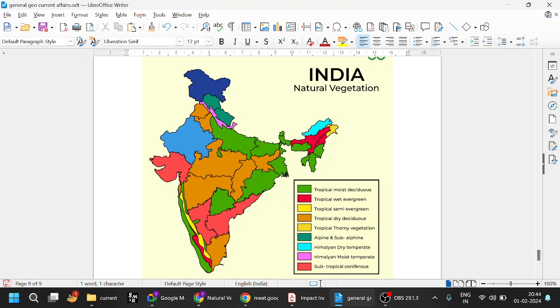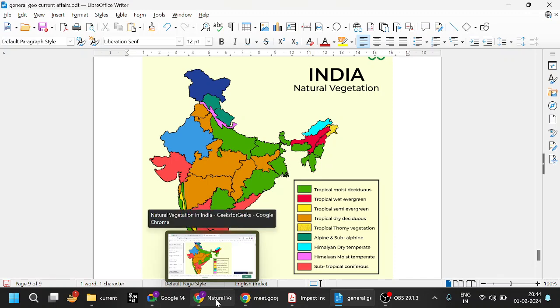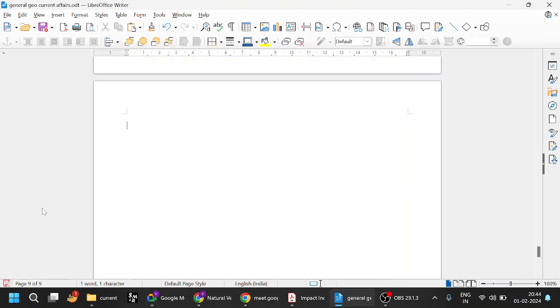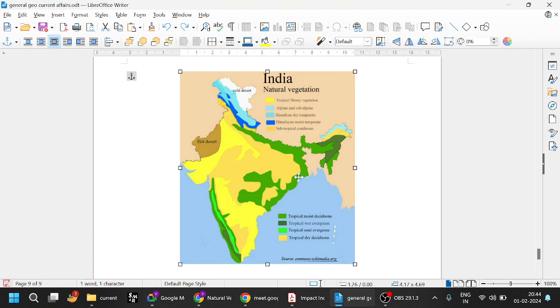Actually, this picture is also not that good. Anyway, this region is evergreen. Tropical wet evergreen means very high rainfall, more than 250 centimeters, and very thick vegetation, which you find in Kerala and the northeast. This is desert type, and this is cold desert, snowy area, and you see alpine, Himalayan.